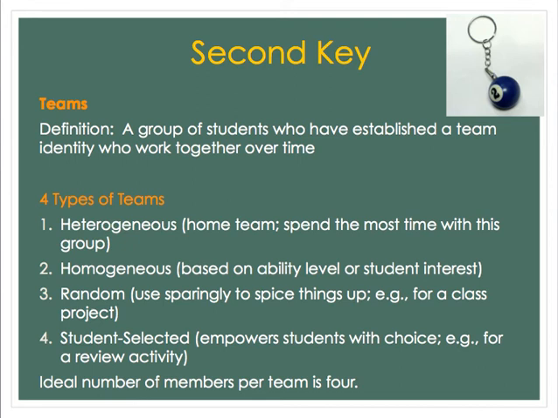But sometimes we want to have homogeneous groups or teams based on ability level or student interest. These can be created by assigning, for example, your lowest student in each group a number 1, your highest students number 4, your middle students number 2s and 3s. So I can say, all right, I'm going to have all of the 2s work together on this assignment.